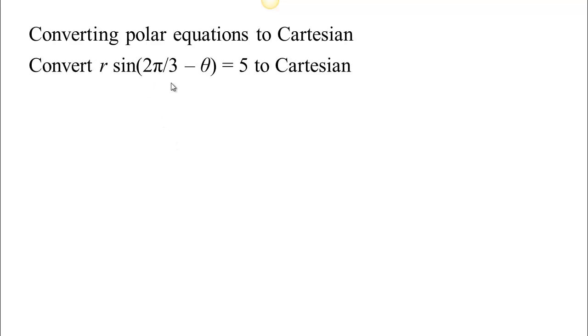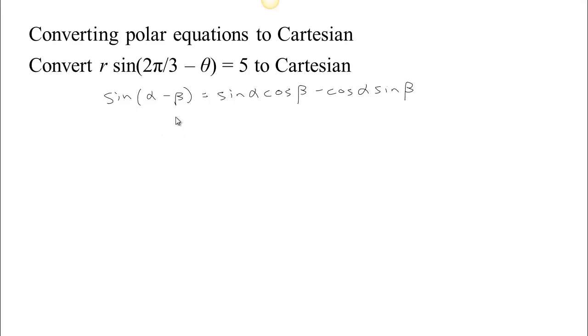One more. Got a polar equation, and we want to convert it to Cartesian. I see the r and I see the sine, but it's not sine theta, it's sine of (2 pi thirds minus theta). I wonder if what might work here would be an angle sum. If you have the sine of alpha minus beta, you get sine cosine minus cosine sine.